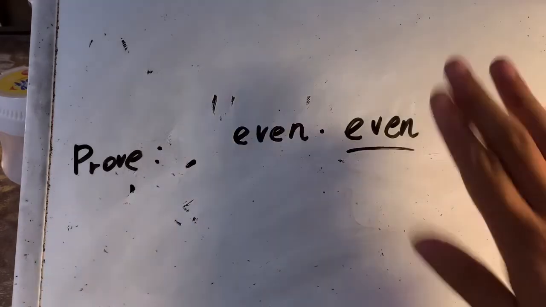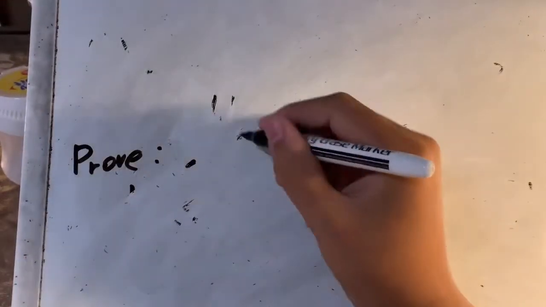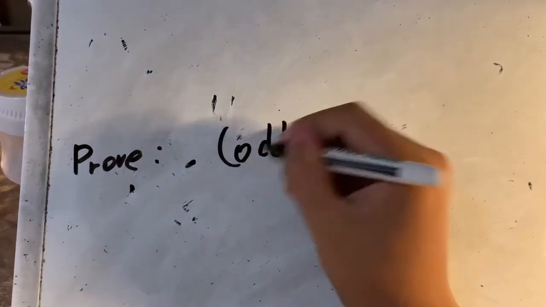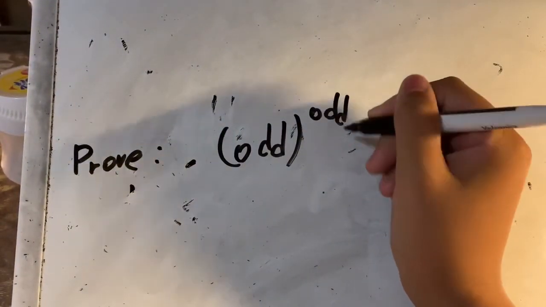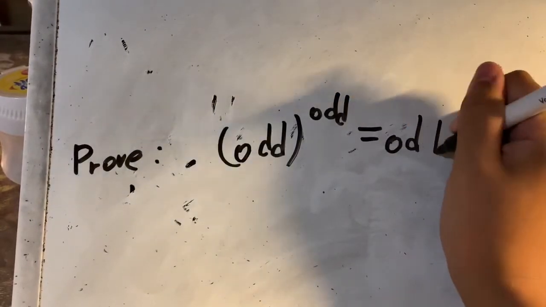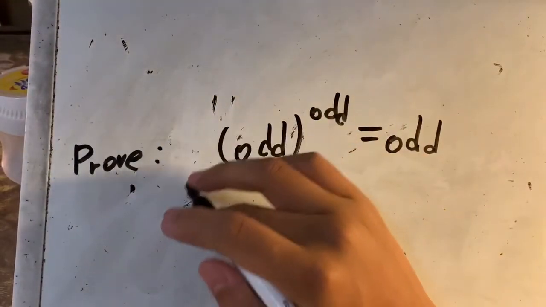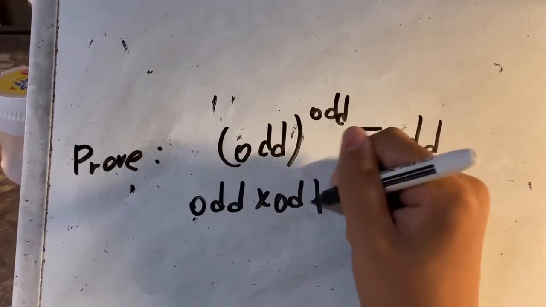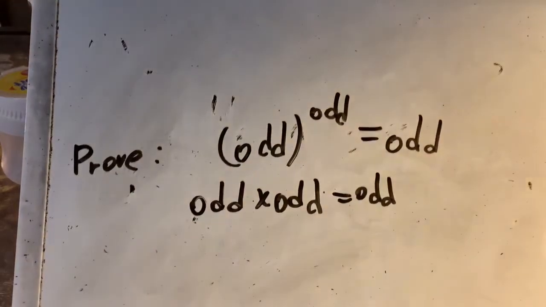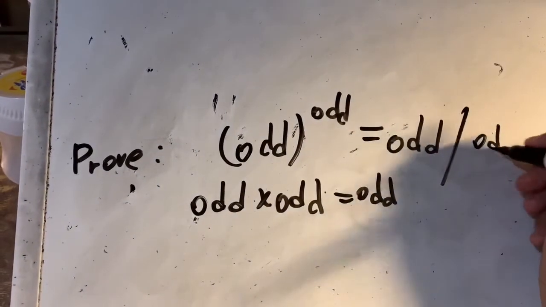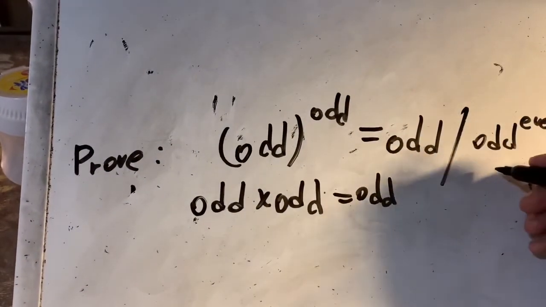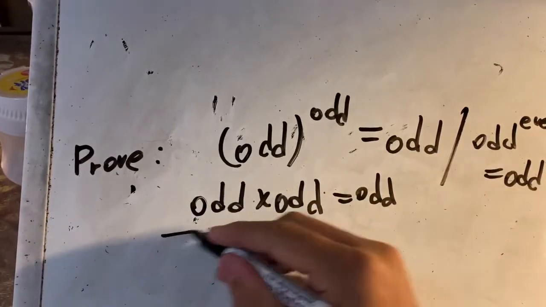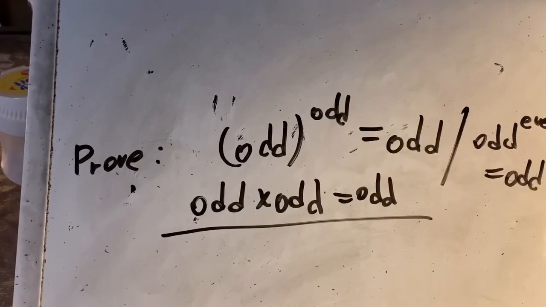Now let's talk about odd to the power of odd. This is equal to odd. Since we know that odd times odd is odd, no matter how many times we calculate odd, it will always be odd. And we can also prove that odd times even is also odd.